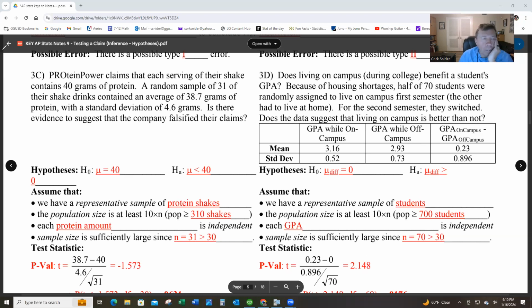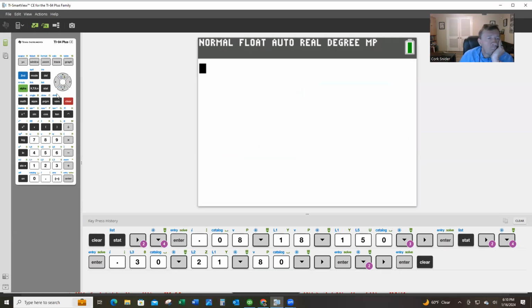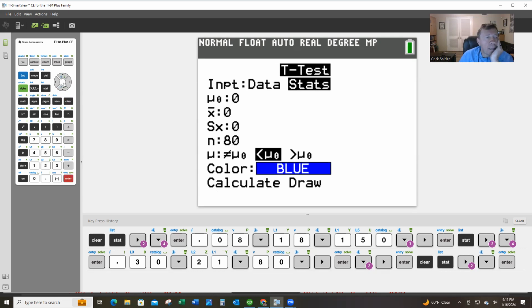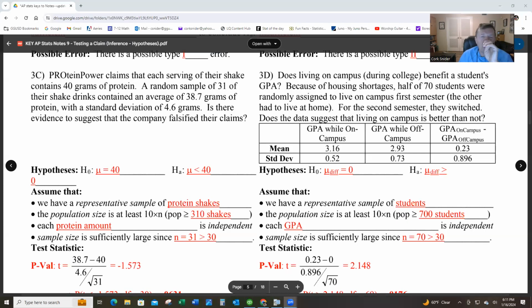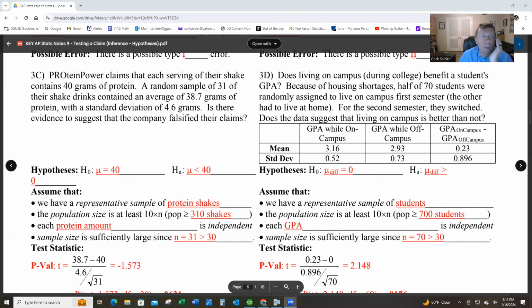So we are going to go to our calculator, go to stat tests, and we're going to run a t-test. Very similar to a t-interval, okay? So the claim is 40, correct?